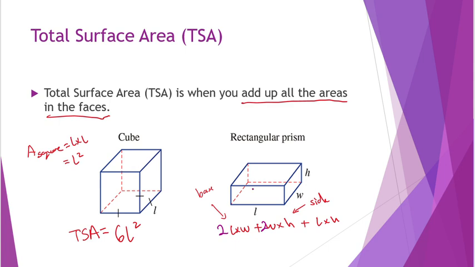And vice versa, you've got the bottom and the top. So you get the gist there. I've done it in the wrong order, but overall, if I were to rewrite this, it would be 2LW plus 2WH plus 2LH. Don't get too confused, okay?